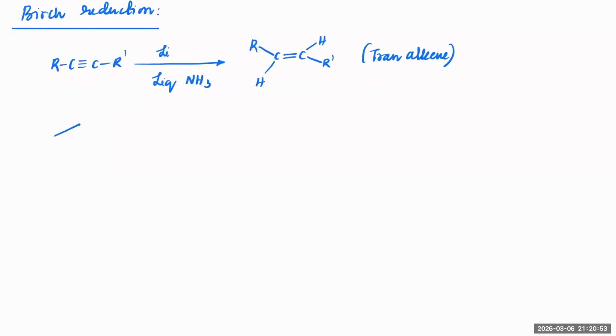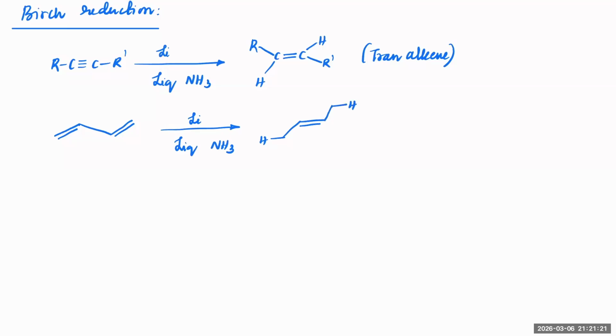In fact, Birch reduction was also observed in the case of conjugated double bonds. So when you react, we used to get a double bond here with hydrogen and hydrogen forming at these two locations, in the trans form.